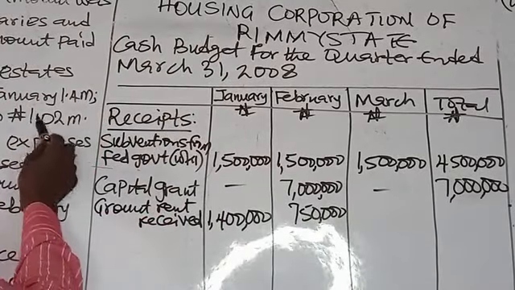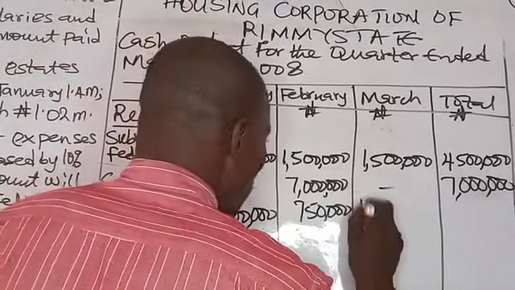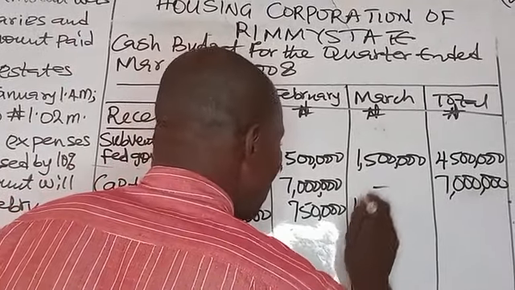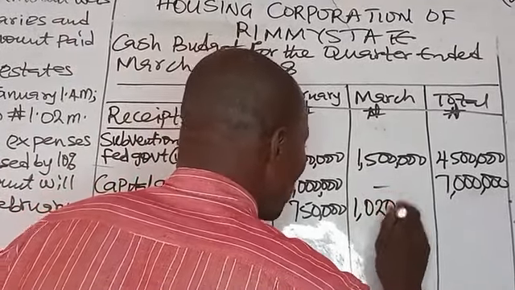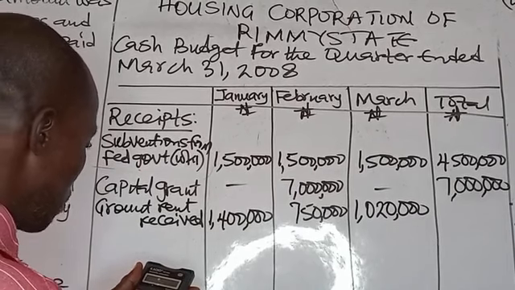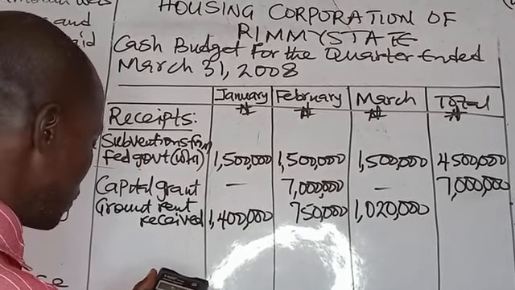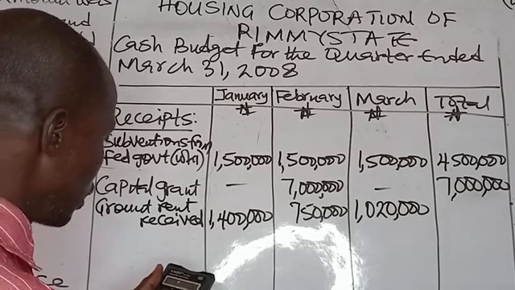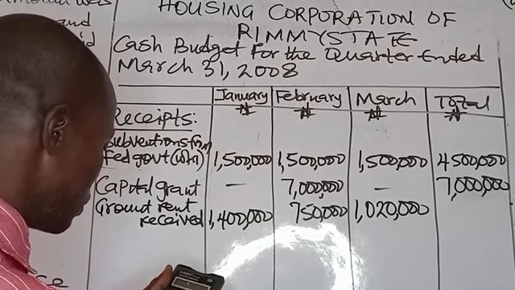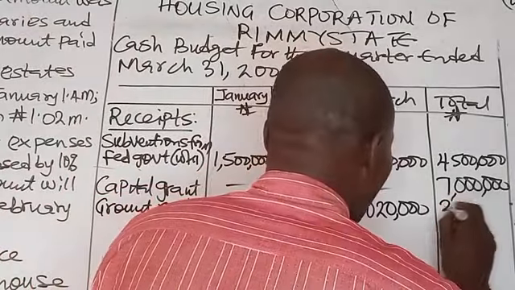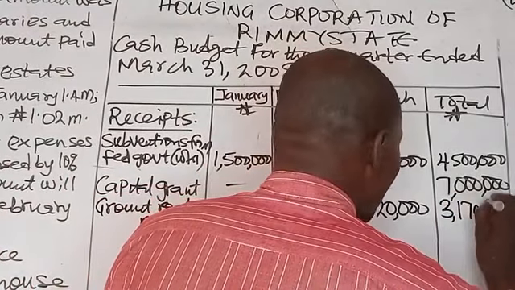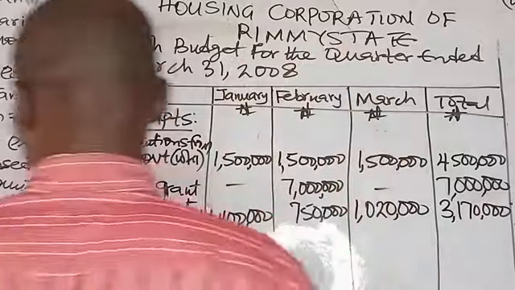In March, 1.02 million, 1,020,000. 1.4 million plus 750,000 plus 1,020,000. That is total 3,170,000.